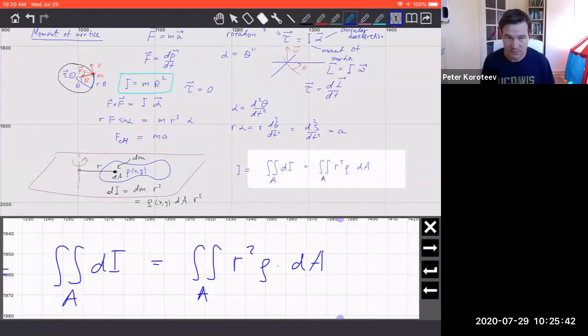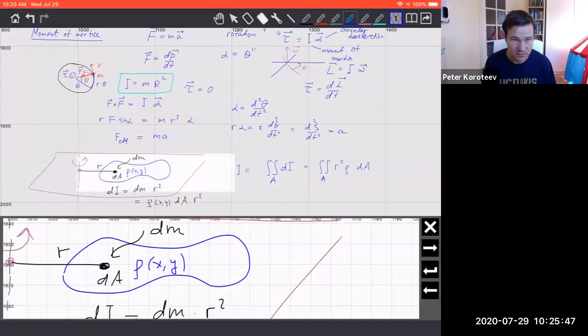That's the moment of inertia. Here r squared is the same as x squared plus y squared.